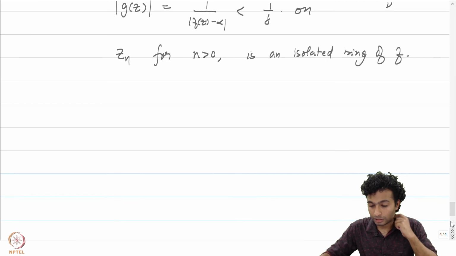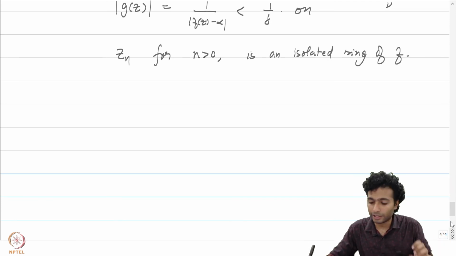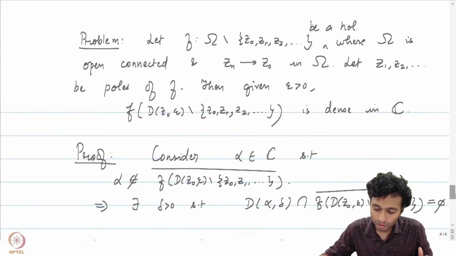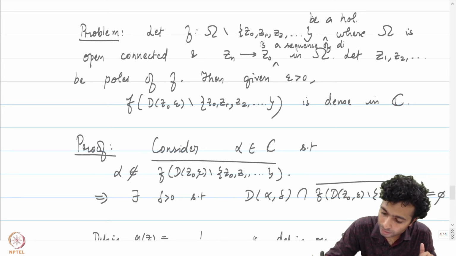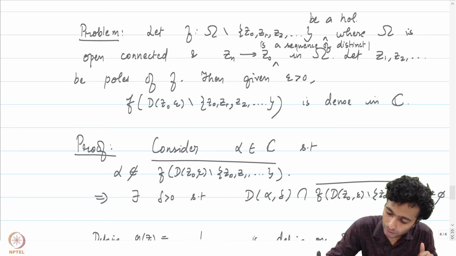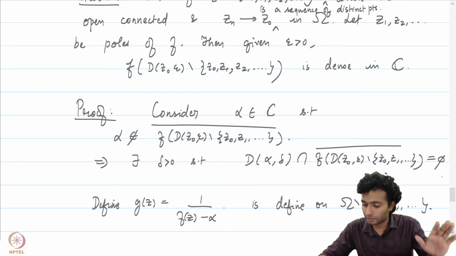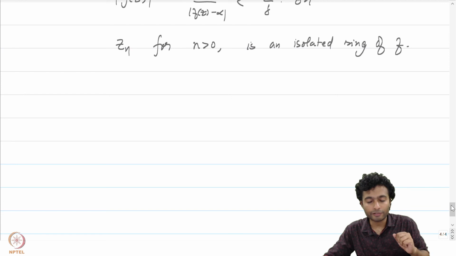They are a sequence converging to z0, and they are all isolated singularities of f. Let me add one criterion here: it is a sequence of distinct points. Otherwise, the statement which I just mentioned will not be right. So the sequence is distinct, and therefore each of these points is an isolated singularity of f.